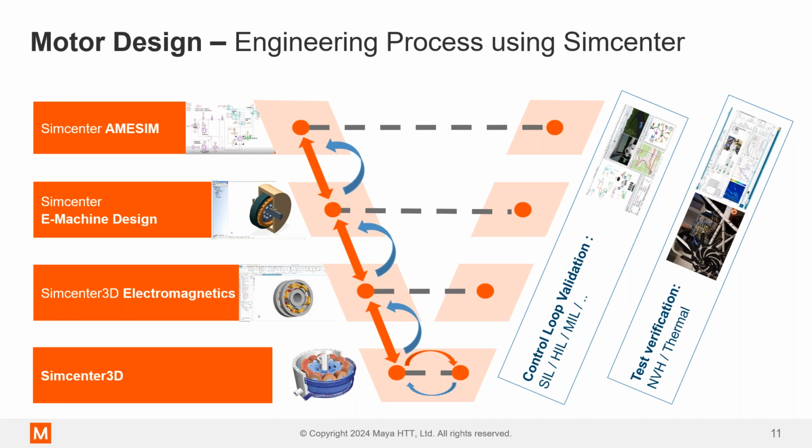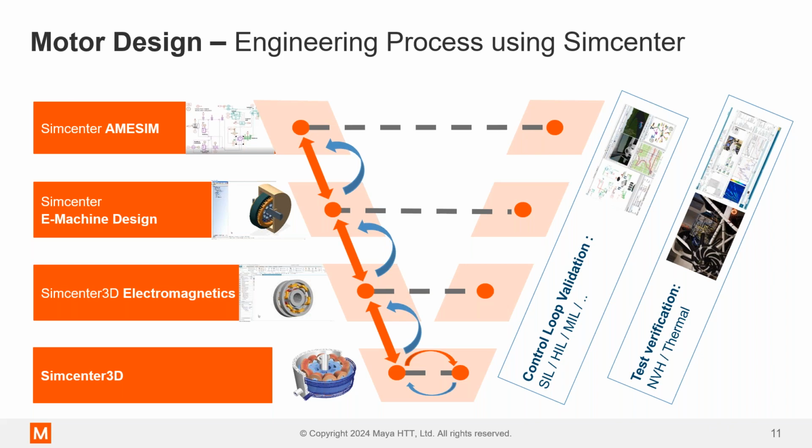Then as we get into motor design, we have a tool called SimCenter eMachine Design, which is based on some historical tools, two in particular: SimCenter MotorSolve, which came from Infolytica, and the Speed motor design tool, which originally came from the University of Glasgow.